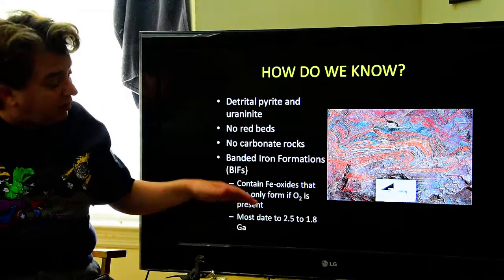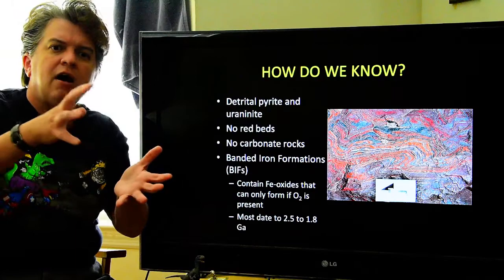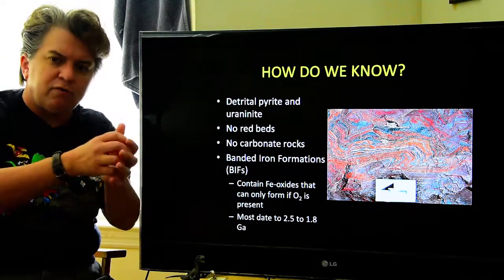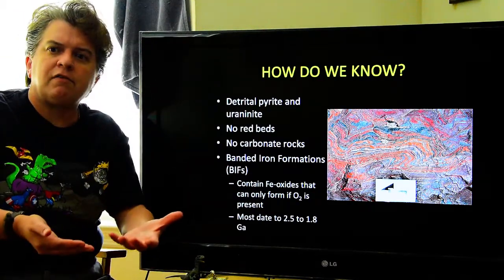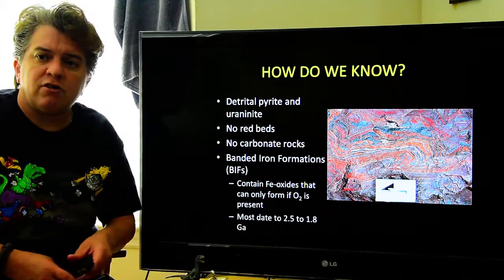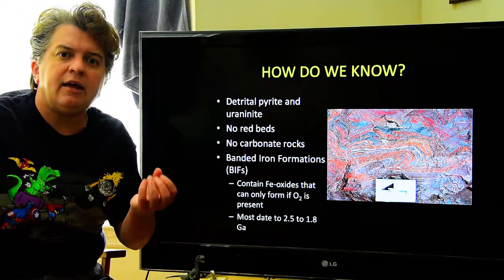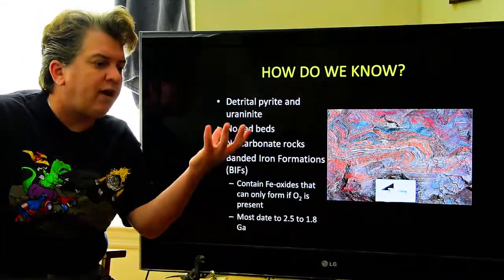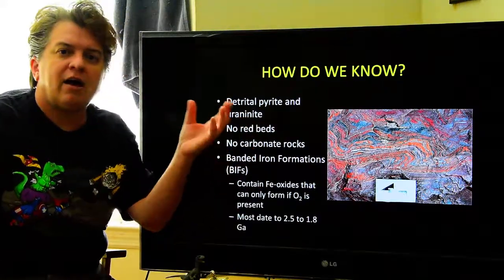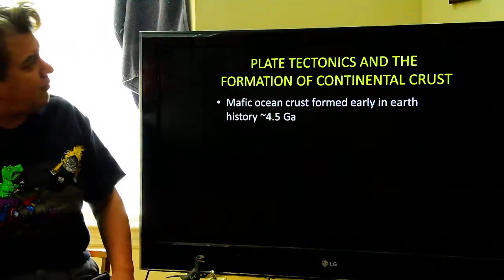So during this great oxidation event where we have all this oxygen being added, the iron in the global oceans was bonding to that oxygen, sinking to the bottom, and creating those banded iron formations. So those really hold the key to showing us that we went from a no oxygen atmosphere to an atmosphere with oxygen in it.